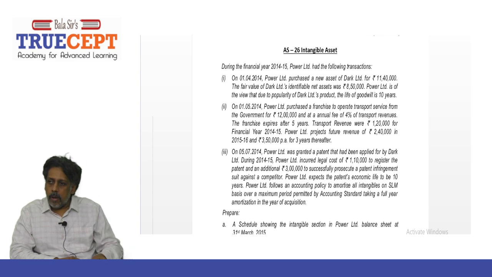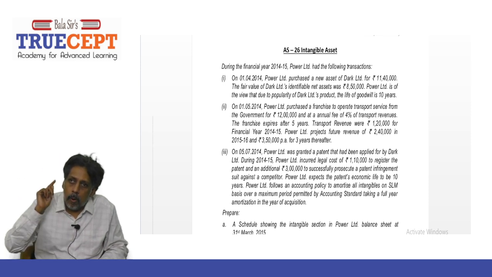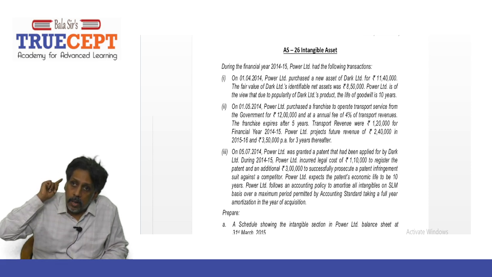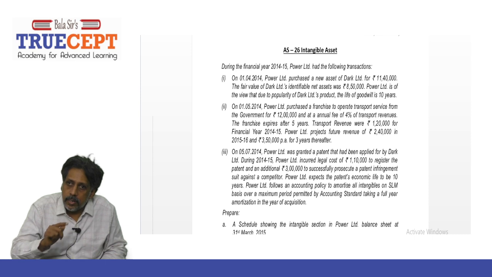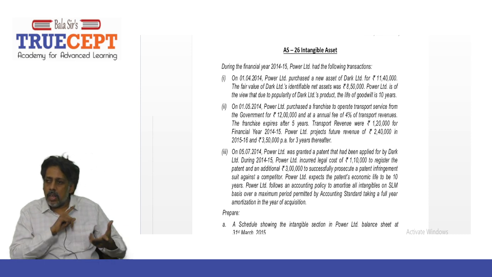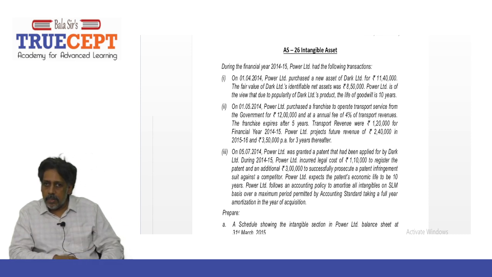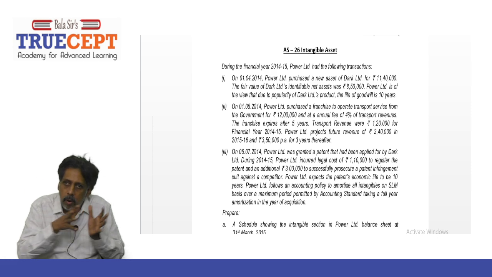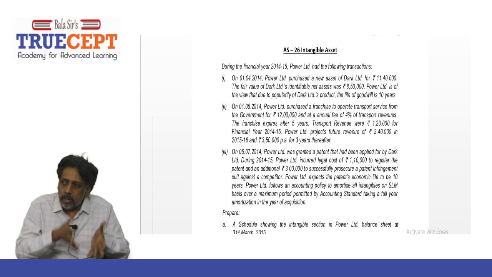The amount you have to pay every year is 4% on the revenue that you earn from the sale of tickets. What is the revenue for the first year? 1,20,000. On that, 4% is 4,800 that you have to pay. That is the royalty, or the license fee.